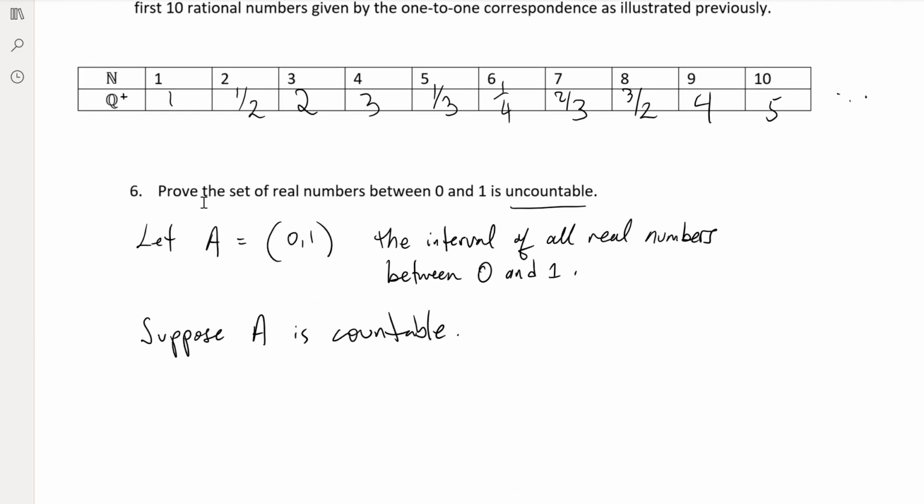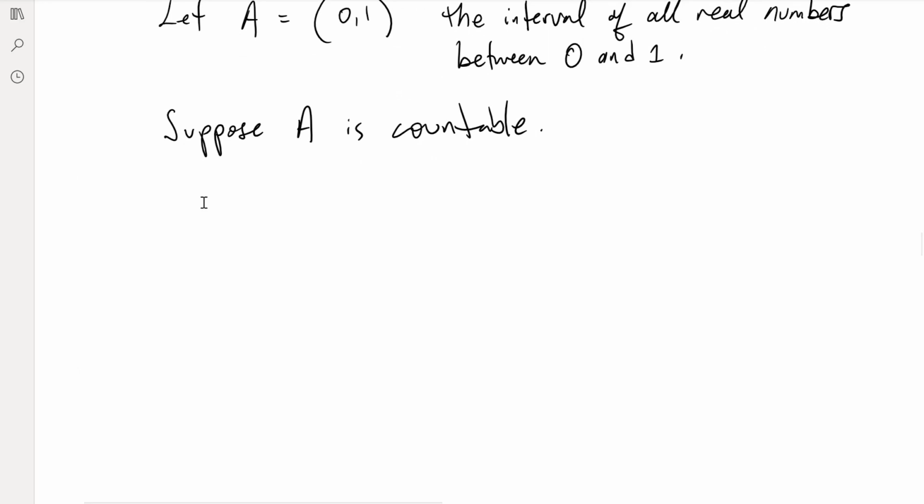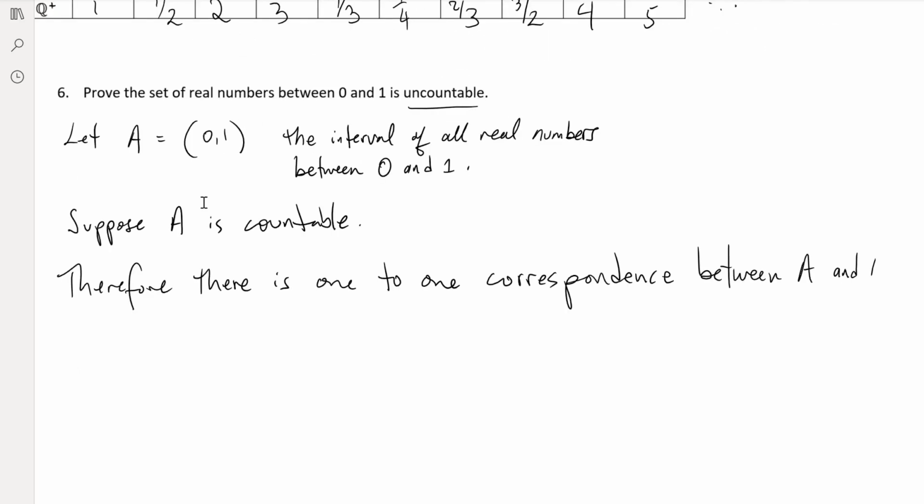So by assuming that A is countable, that means there is a bijection, a one-to-one correspondence between the set A and N.